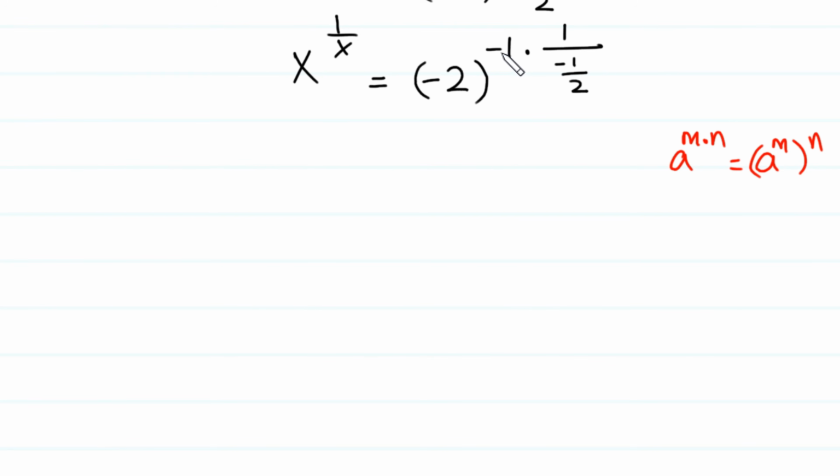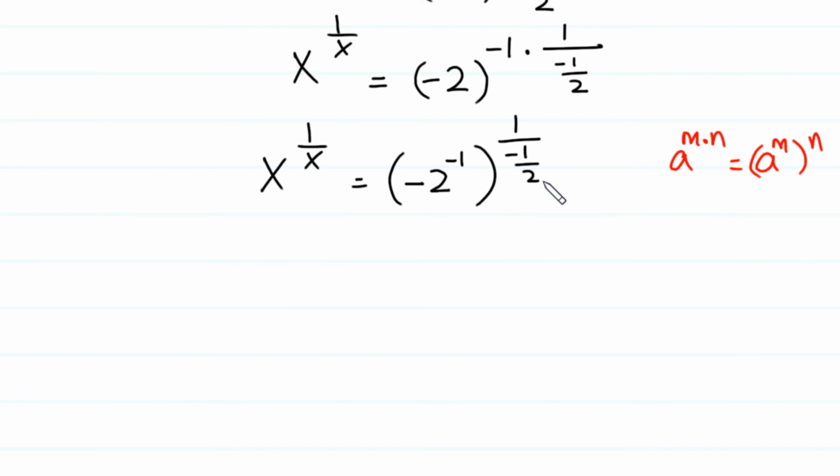We can write this power negative 1 inside the brackets and this power 1 over negative 1 over 2 outside the brackets. Like this, x to the power 1 over x is equal to negative 2 to the power, we write this negative 1 inside the brackets, negative 1 to the whole power, this power 1 over negative 1 over 2.